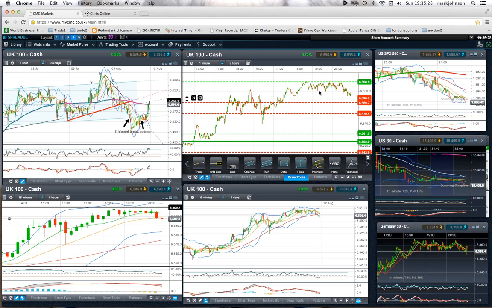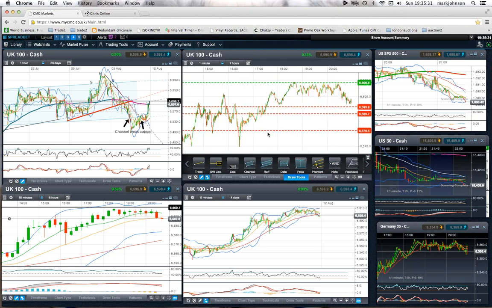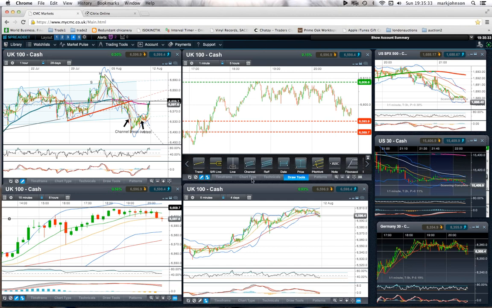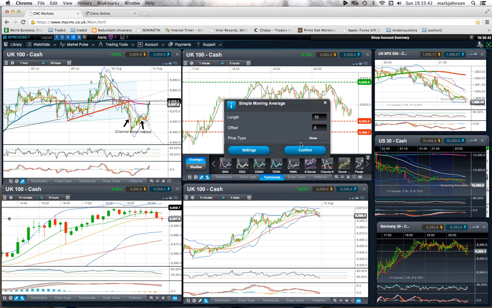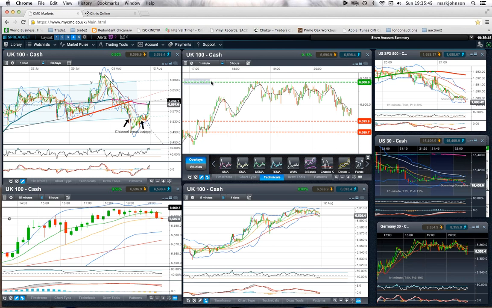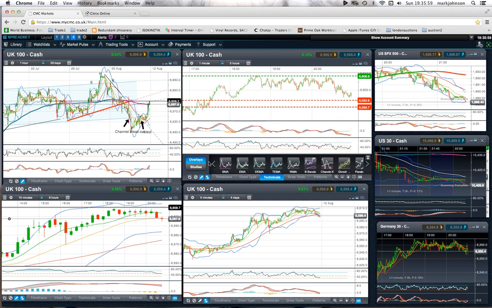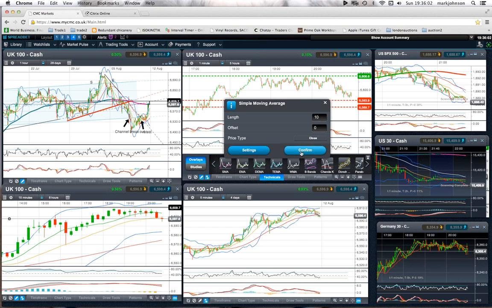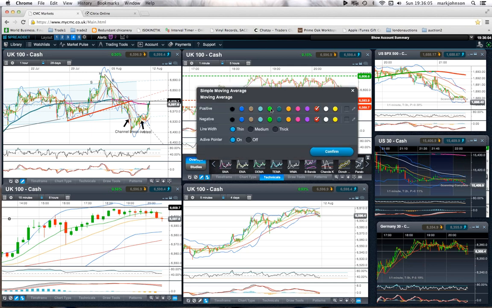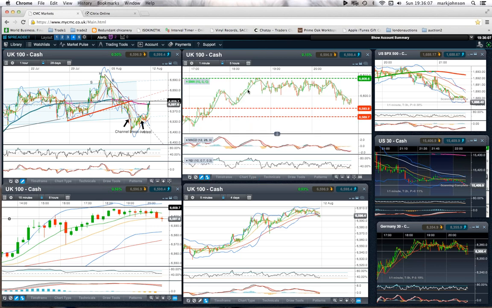You can see my actual 1 minute chart, and I'll move that out and then put on my technicals. For my indicators here, I have MACD, standard settings, RSI, standard settings, and then I have an SMA at 10 in green.